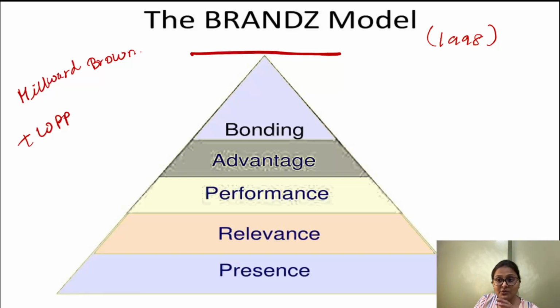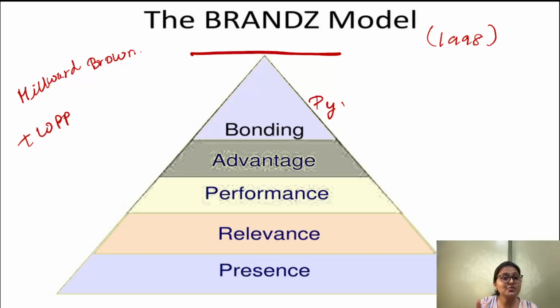Okay, so this model is shown by this brand pyramid. This triangle shaped figure is the brand dynamics pyramid. This model shows 5 levels of customer attachment, how a customer is attached to a particular brand, whether there is low attachment or greater attachment towards the particular brand.